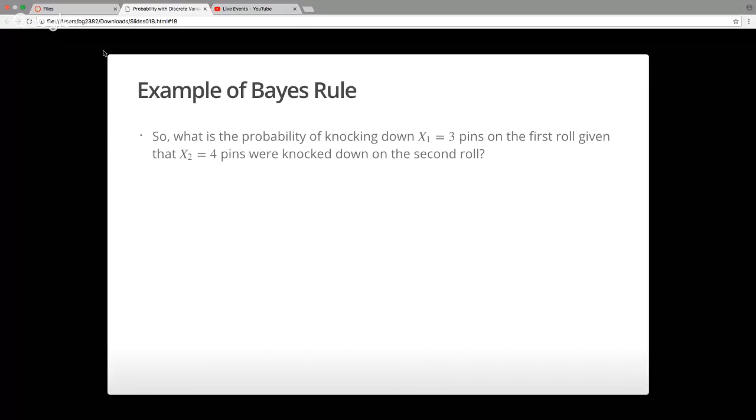Number one, it would just be the probability that you knock down 4 on the second roll times the probability that you knock down 3 given 4, given that you knock down 3 pins on the first roll, divided by the probability that you knock down 4 pins. But the first one should have been the probability that you knock down 3 pins on the first roll. That I missed it. Anybody want to summarize that?